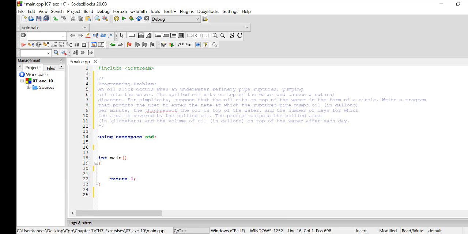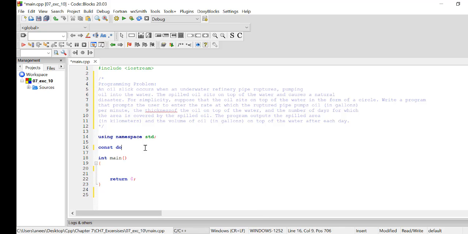Now, you can all see here, guys, that the first thing we're going to have to do is declare some named constants at the top up here to do some conversions.